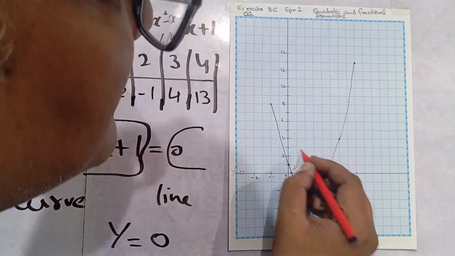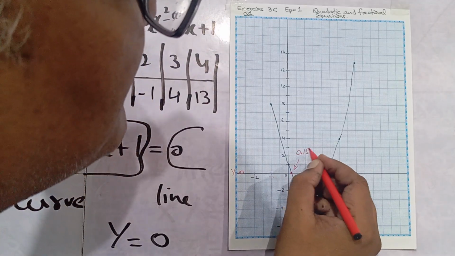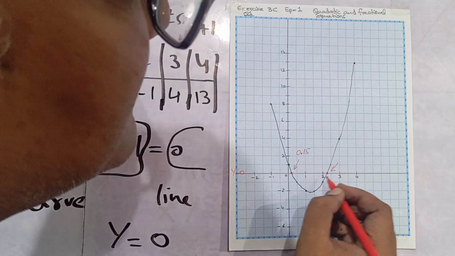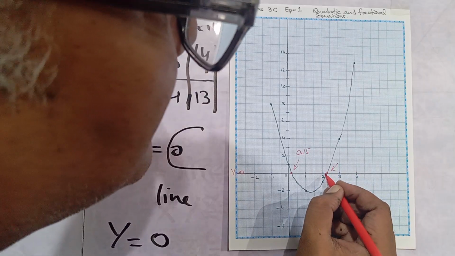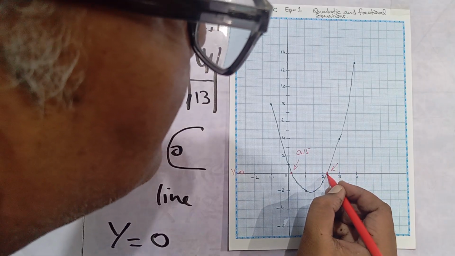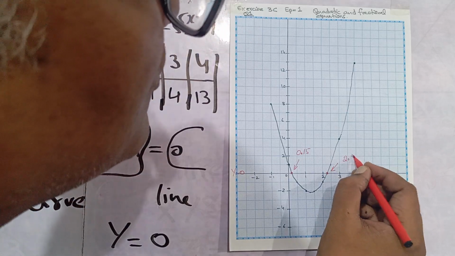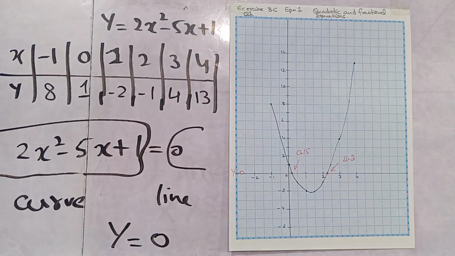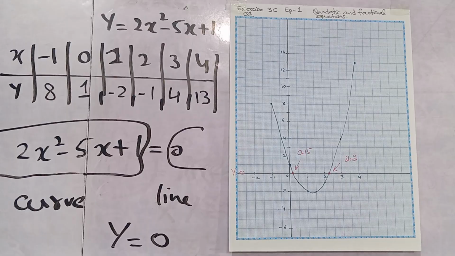So this point here is approximately 0.15. And this point here is 2.1 to 2.2, maybe 2.2 something. So its answers will be that x equals 0.15 and 2.2.